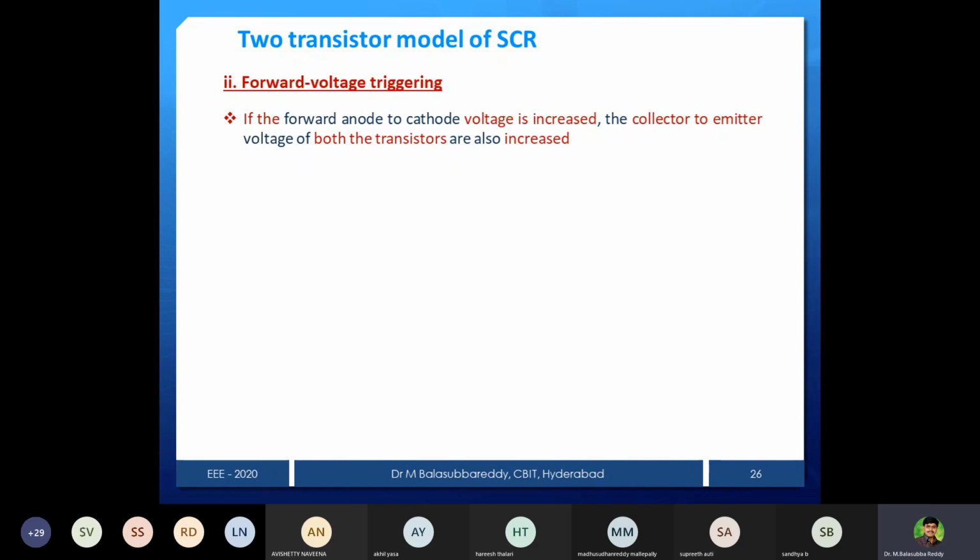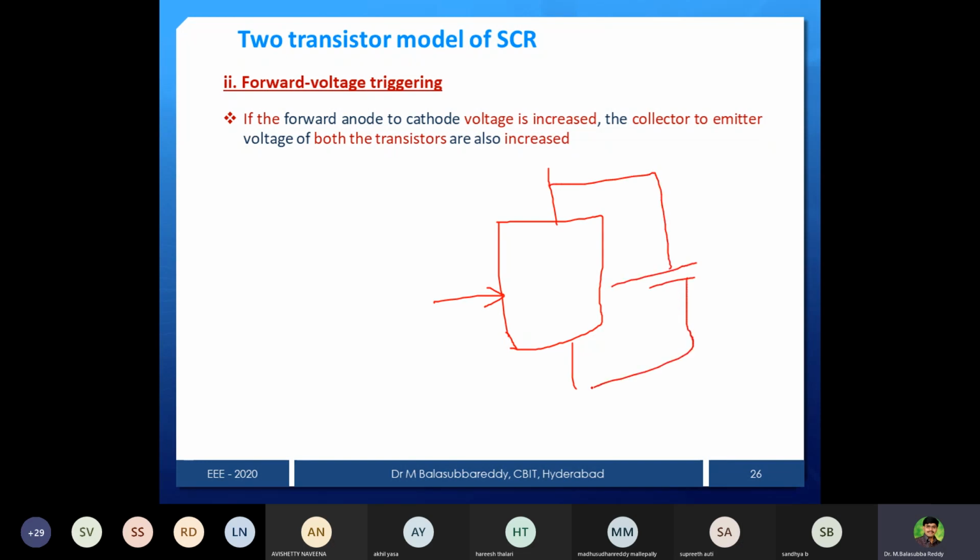The forward anode to cathode voltage increases, then across this structure, you can see the diagram if you recall. Inside, the two transistor model will be there, and there is an anode, there is a cathode, and somewhere there is a gate. Now if you apply voltage like this, anode to cathode voltage, then what will happen? Collector to emitter voltage of both transistors will increase.